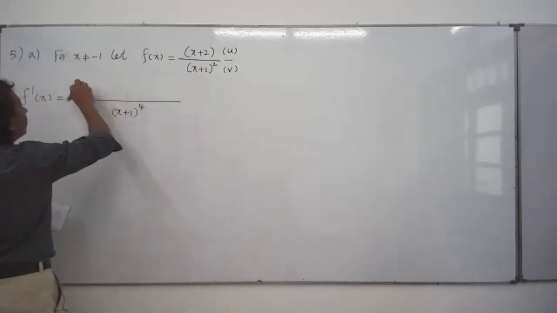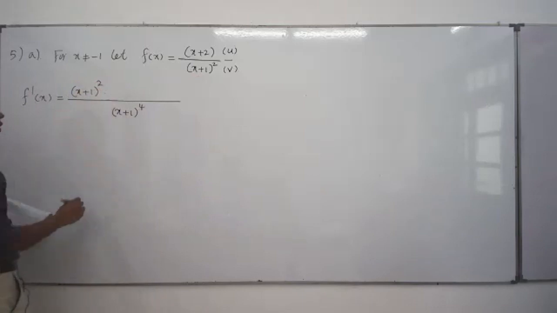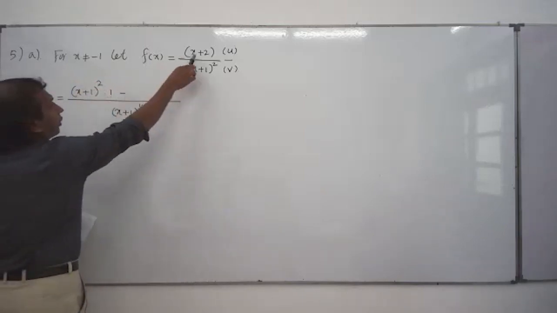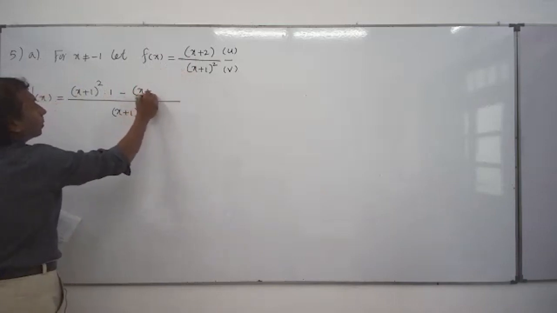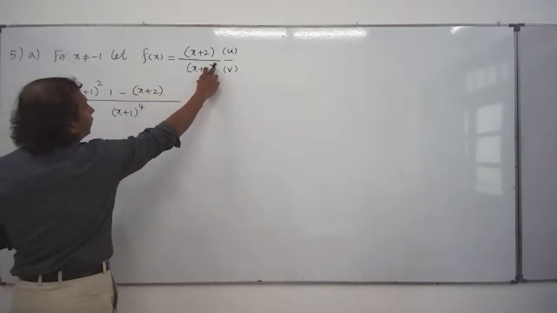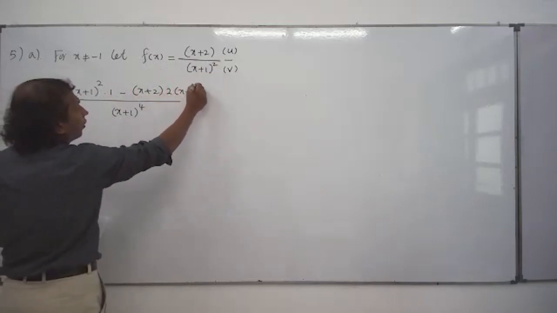And bring this v here. v du by dx means the derivative of this, it's 1. Minus, keep this x plus 2. And now we have to differentiate this. How to differentiate this, people? First start from 2: 2 times x plus 1 to the power 1. The derivative of x plus 1 is 1.